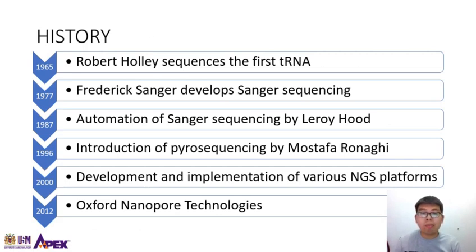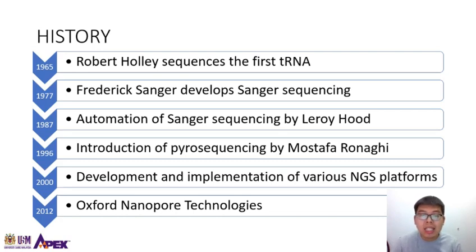Then let's look back at some history. In 1965, Robert Holley sequenced the first tRNA, laying the foundation for molecular genetics. In 1977, Frederick Sanger developed Sanger sequencing, introducing the dideoxy chain termination method for DNA sequencing.